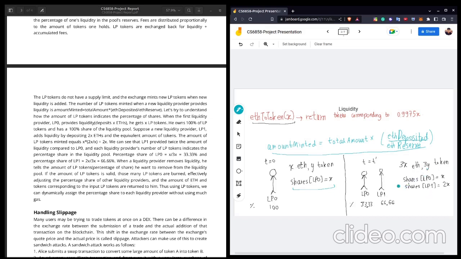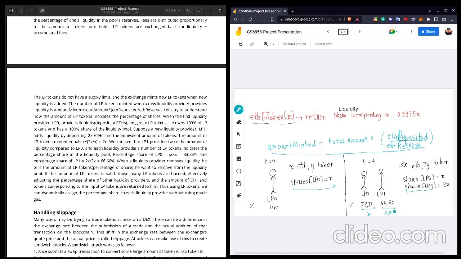The number of shares or the number of LP tokens minted for this user is equal to the total amount, which is X, multiplied by the ETH deposited, 2x, divided by X, which is 2x. So the shares of LP1 is equal to 2x, and we can see that the percentage share of LP0 is 33.33% or 1/3, as LP0 deposited X ETH and LP1 has deposited 2x ETH.